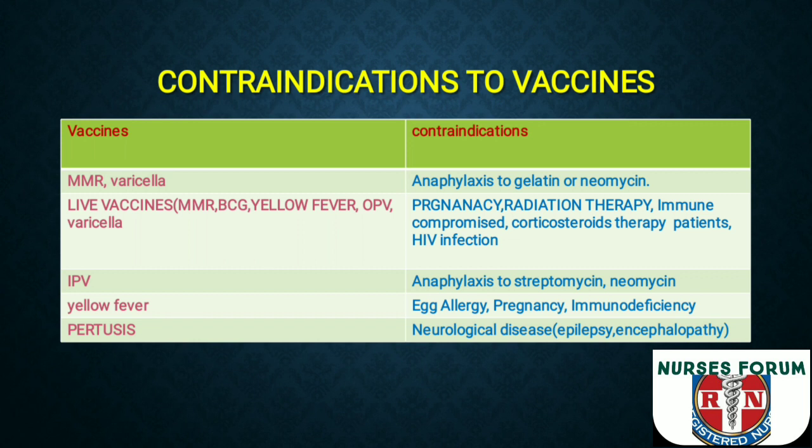IPV vaccine is contraindicated in a case of anaphylaxis to streptomycin or neomycin. Yellow fever is contraindicated in egg allergy, pregnancy, immunodeficiency. Pertussis vaccine is contraindicated in neurological diseases like epilepsy, encephalopathy.